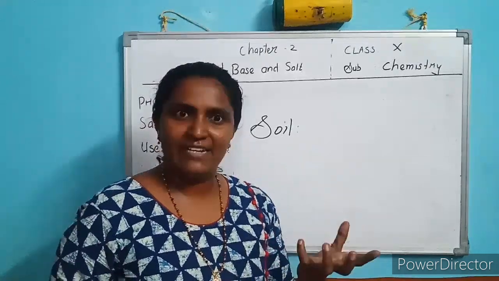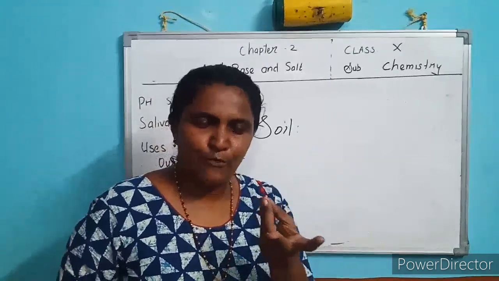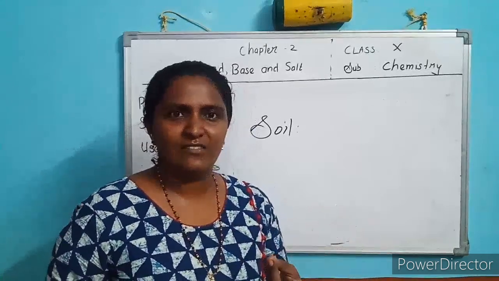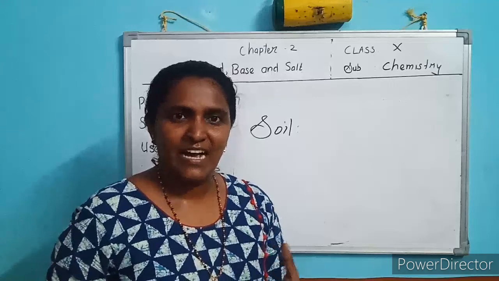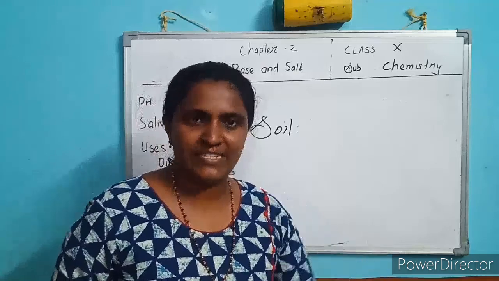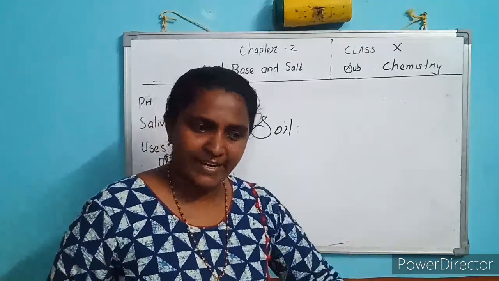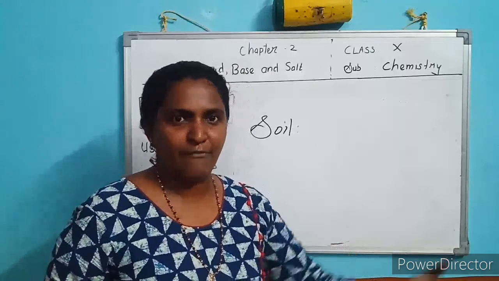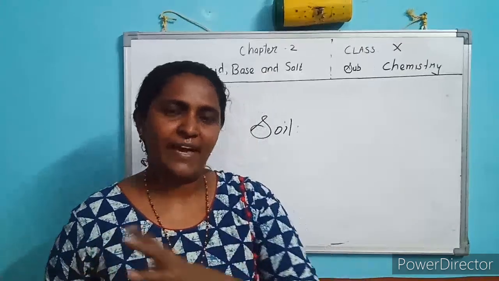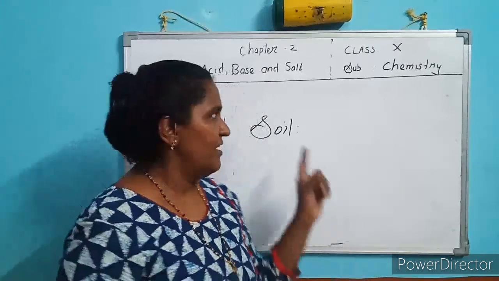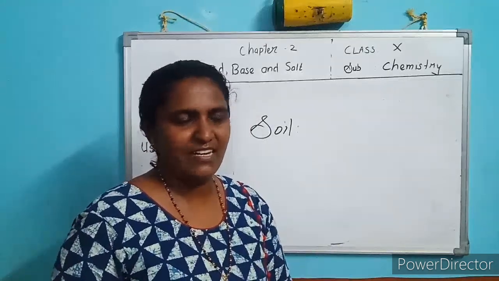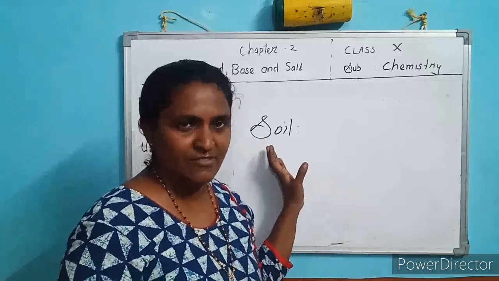For example, rice plant and all the citrus fruits, sour taste, lemon, these plants need acidic soil. According to the need of the plant, the farmer provides either acid rich manure or base rich manure. For rice, more acidity is required. Understand? So in this case, pH value is used.